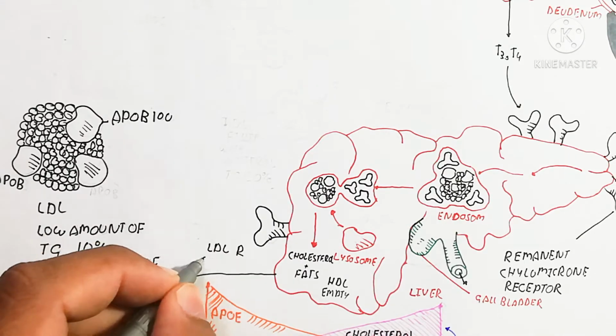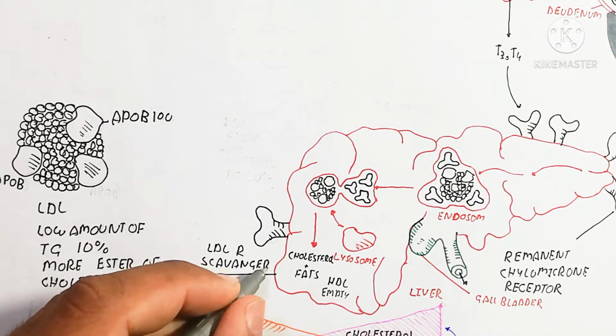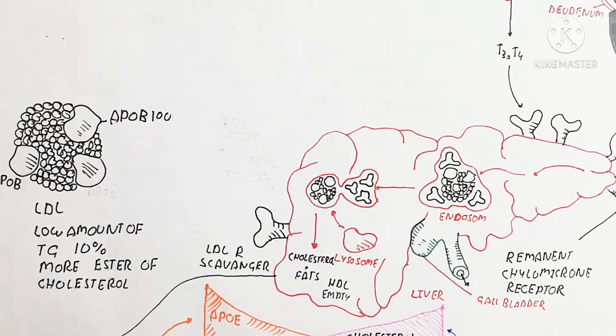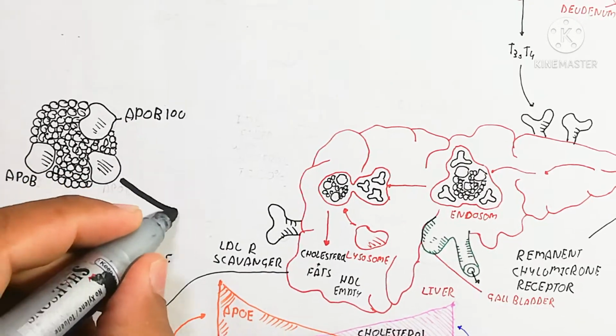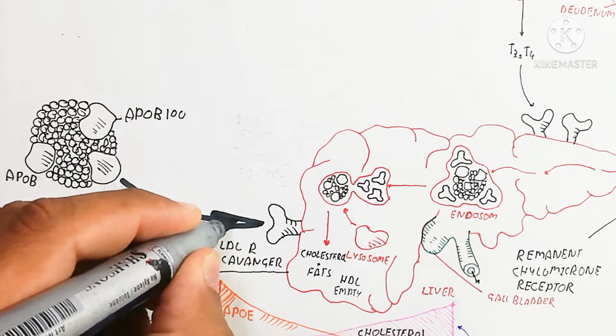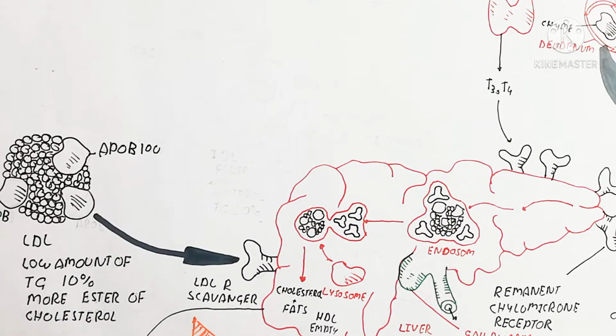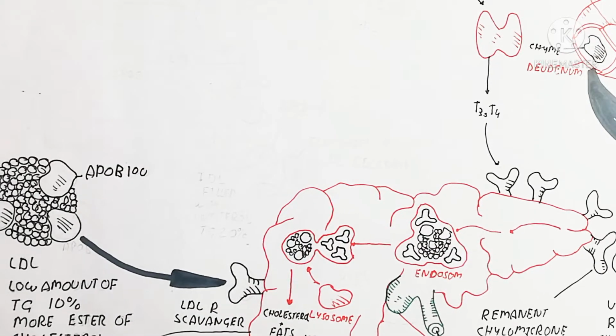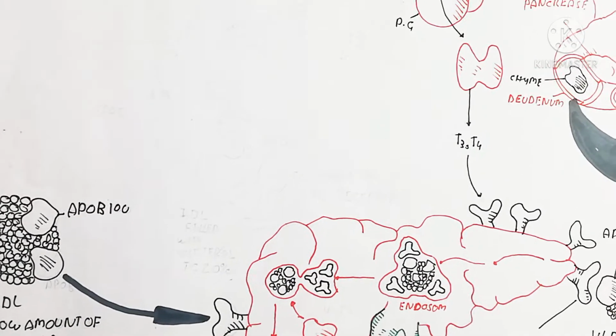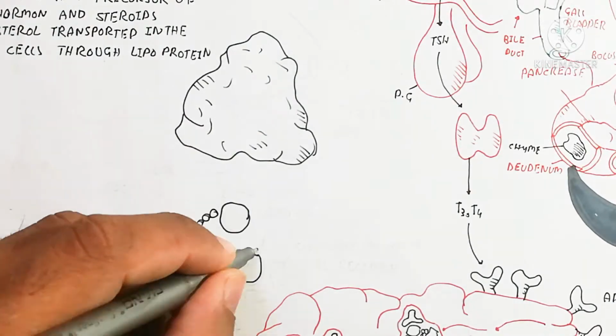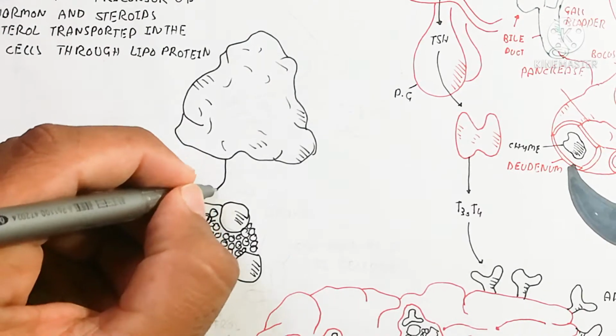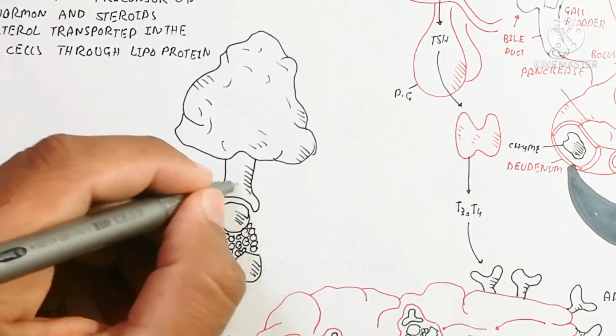So the cholesterol is more. It means cholesterol is absorbed to convert toward high density lipoprotein. So the LDL contains a high number of cholesterol. On the other hand, the VLDL contains a low number of cholesterol because it's used for the absorption.